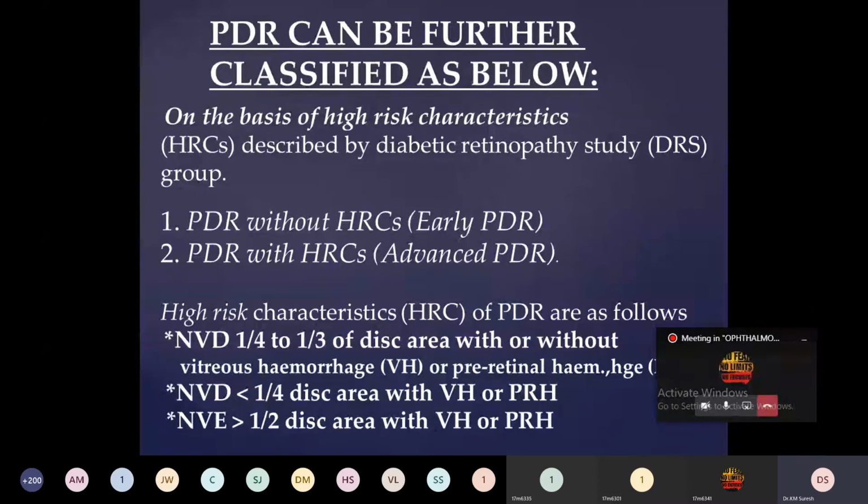Or NVE of more than half disc diameter with vitreous hemorrhage or pre-retinal hemorrhage. All these three are high risk characteristics, so in all these cases we call it high risk characteristics proliferative diabetic retinopathy. Anything lesser than 1/4 disc diameter of neovascularization can be referred to as early proliferative diabetic retinopathy.